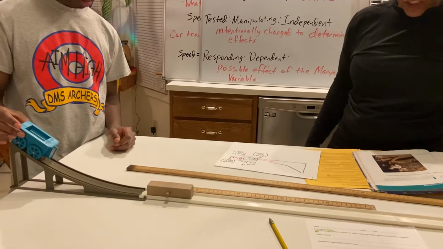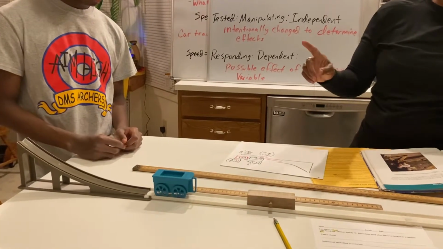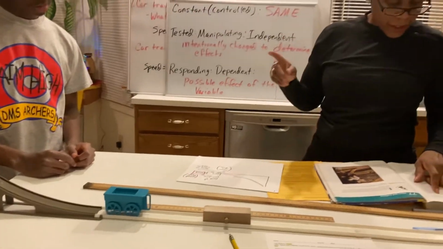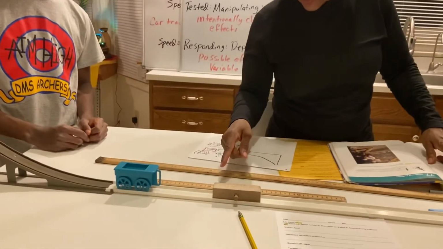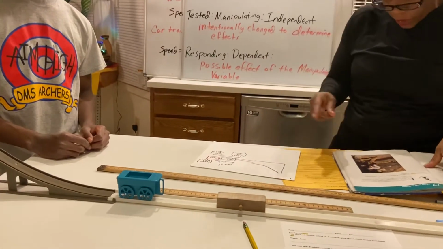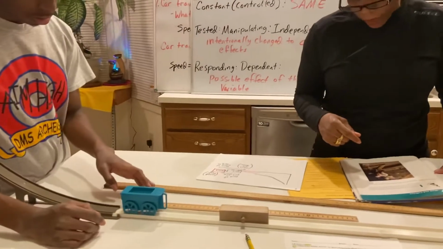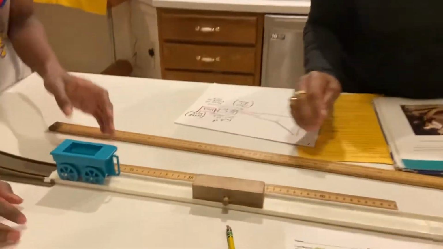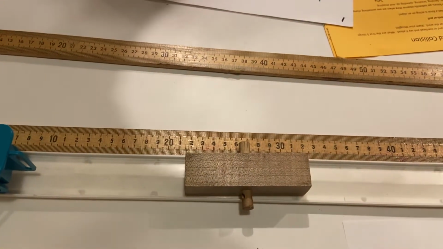So he's going to release the cart, class. Okay, now don't do anything yet. We're going to measure the distance that the block moved down the track. So we're going to measure distance, James. Can you tell me what that distance is? Look here on the meter stick. What's my distance? 26 and a half. 26?